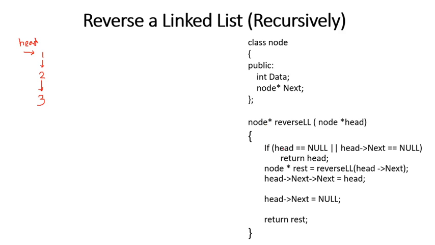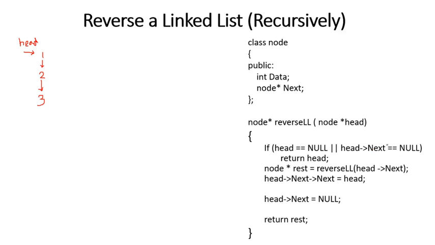We will first check whether the head is null or not. This condition is checked in case we pass an empty list for reversal. In that case it will return the head and control will come out of this function call. The second condition is if the list is not empty and contains some nodes. Then we check whether head arrow next is equal to null or not.